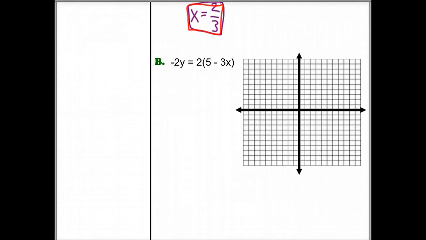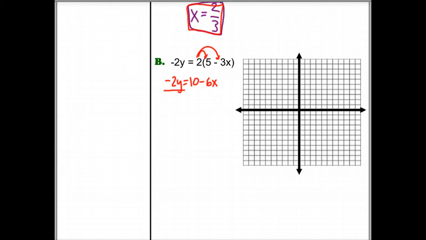Now here's kind of a tricky one. What we want to do is write it so that we have y equals something. So the first thing we want to do is distribute that 2 through. So we have negative 2y equals 10 minus 6x.